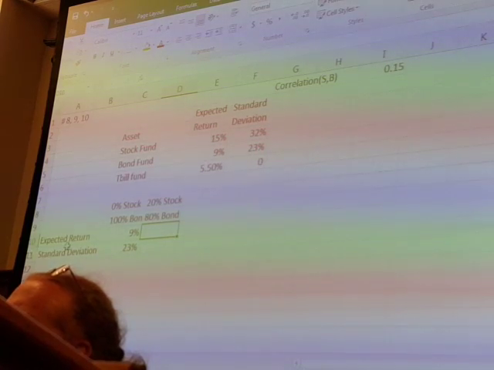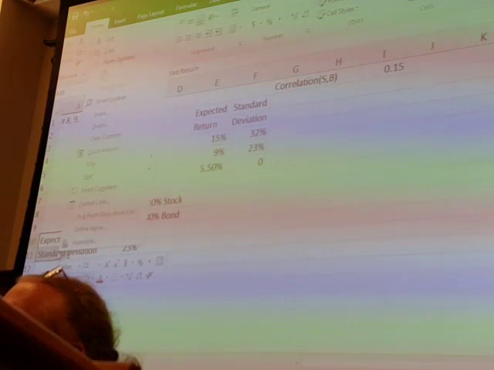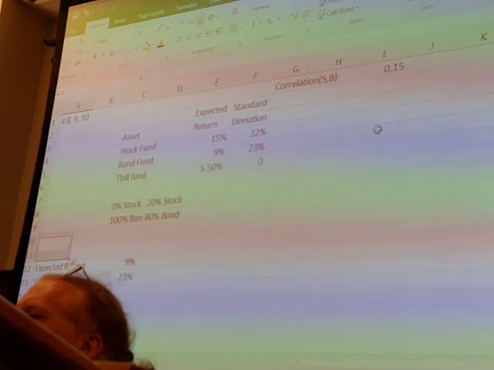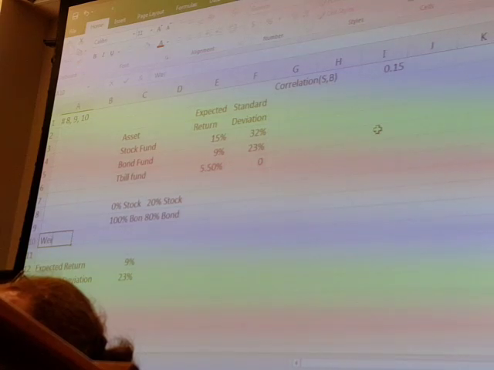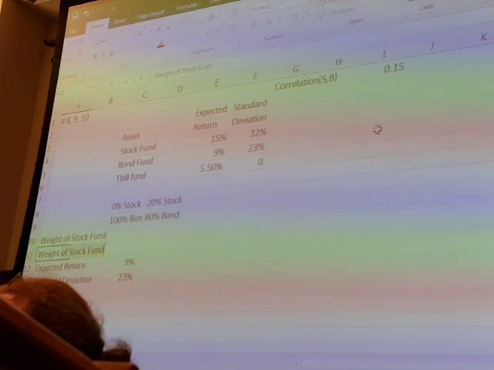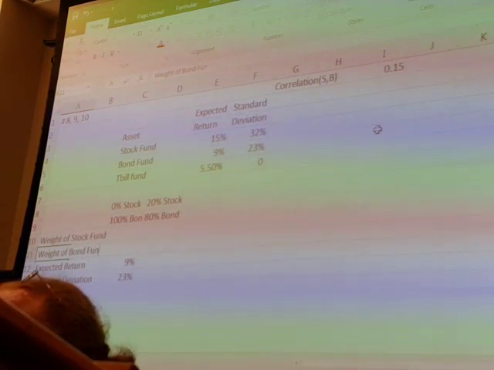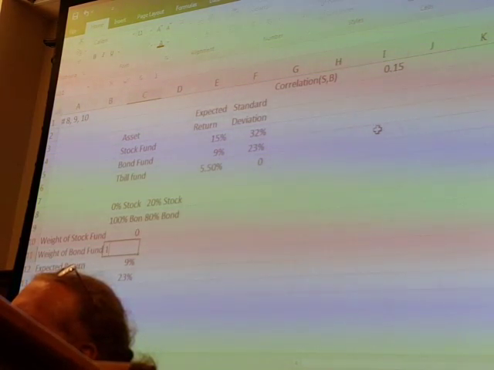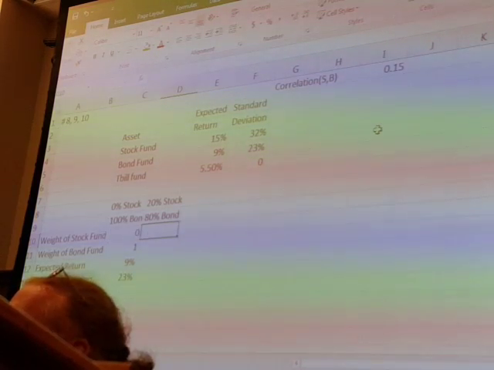Okay, I'll tell you what, let me put in here the weight this way, I'll be able to copy it over. So here it's 0 and 1, and here it'll be 0.2 and 0.8.